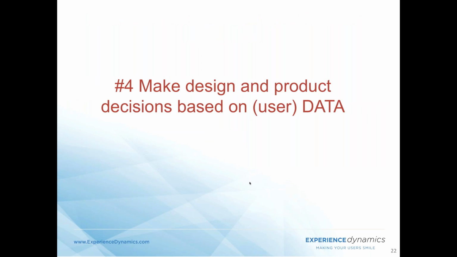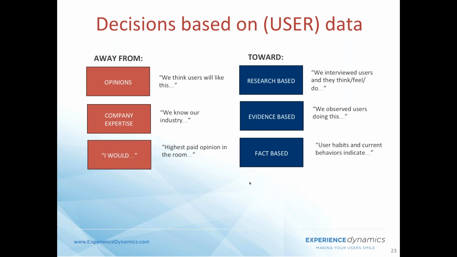The fourth one here is make design and product decisions based on user data. So you're moving away from opinions or company expertise. I've been in so many design meetings where it's like, I would do this and I would do that. And instead we want to reference user behavior. So we observed users. It's evidence-based.